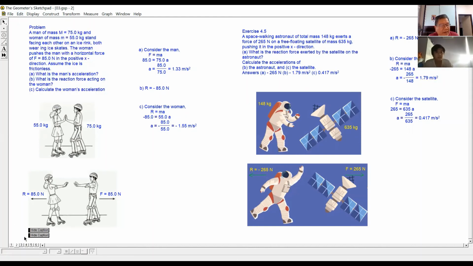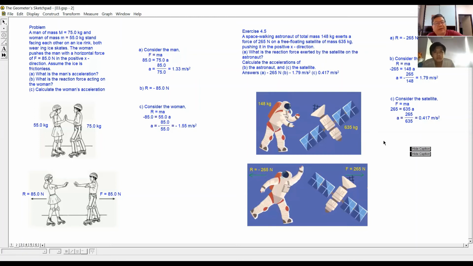So is it the same as what we have done in the first problem here? Right. Now, instead of having a man and a woman, we are now having an astronaut and a satellite. Instead of 55 kilogram and 75 kilogram, we are having 148 kilogram and 635 kilogram.